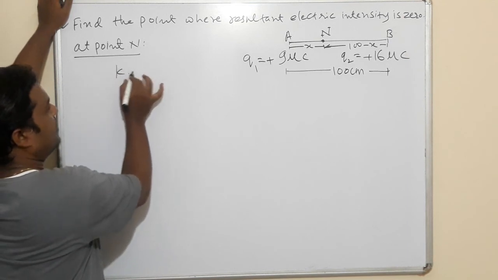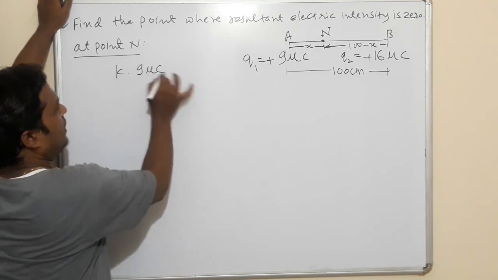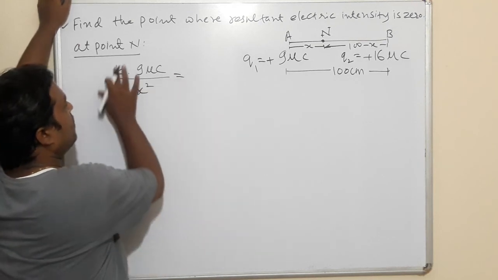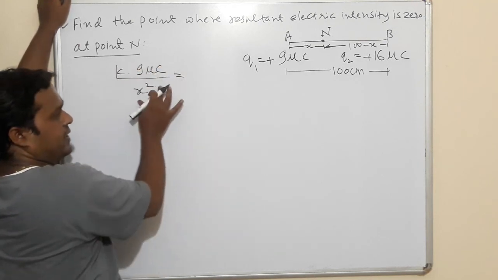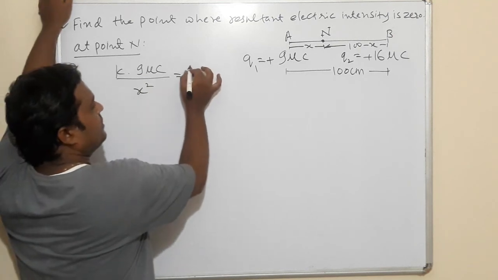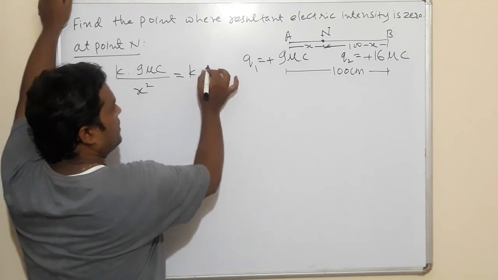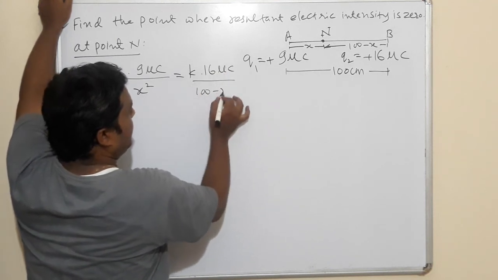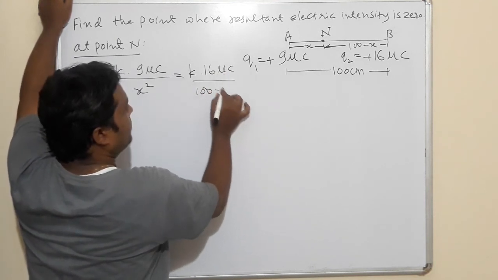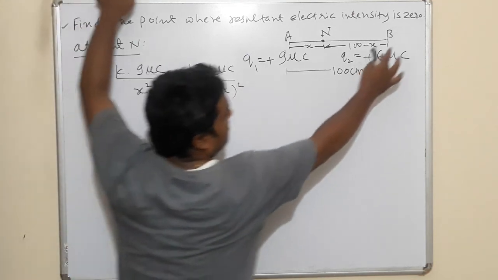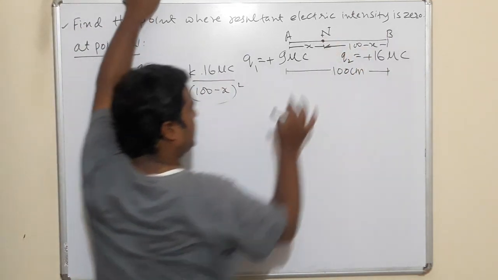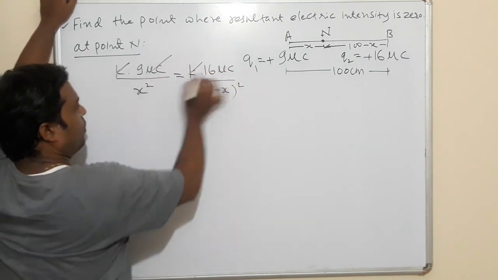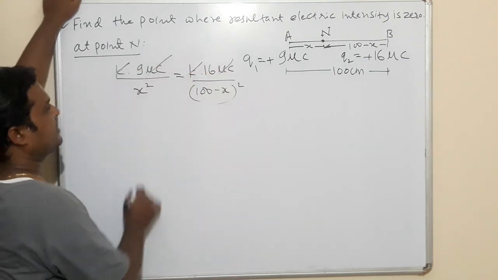Just k: 1 by 4 pi epsilon naught times 9 microcoulombs divided by x square, equals 1 by 4 pi epsilon naught times 16 microcoulomb divided by 100 minus x whole square. What is the distance between this charge and the point? 100 minus x. Then k gets cancelled, and you remove the unit microcoulomb.